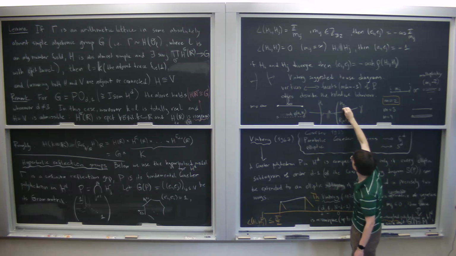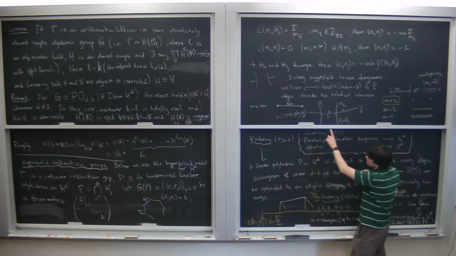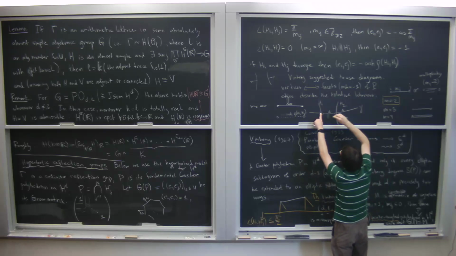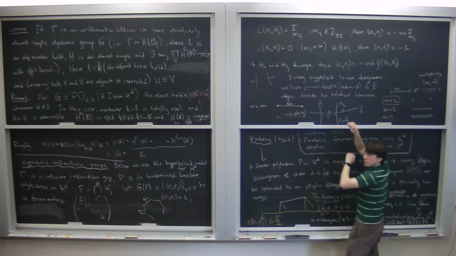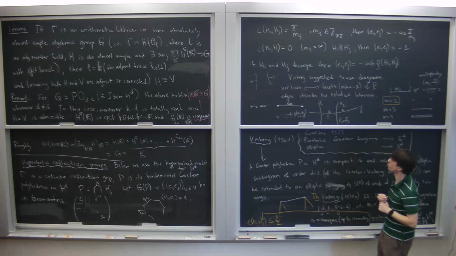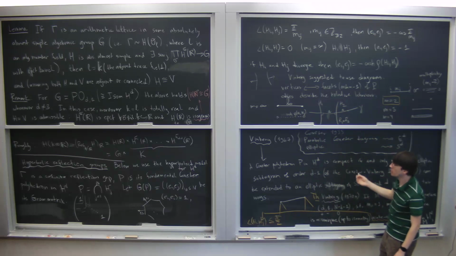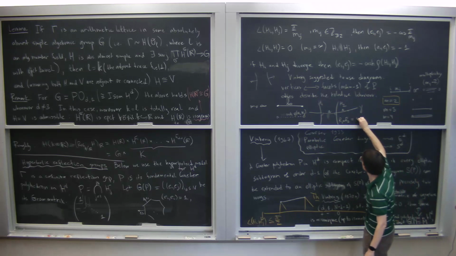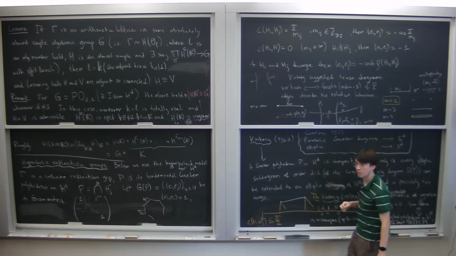It is the translation by the double distance between these two hyperplanes, and the trace of this element G is going to be the hyperbolic cosine of 2a, if I'm not mistaken, right?